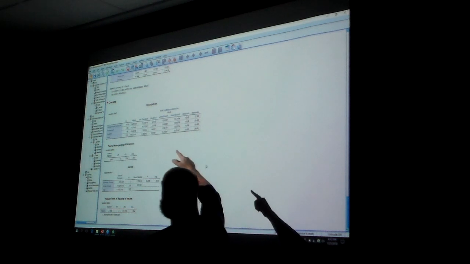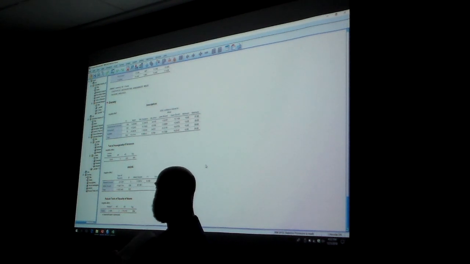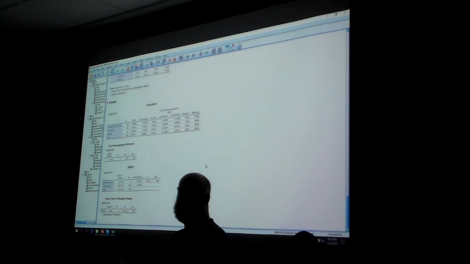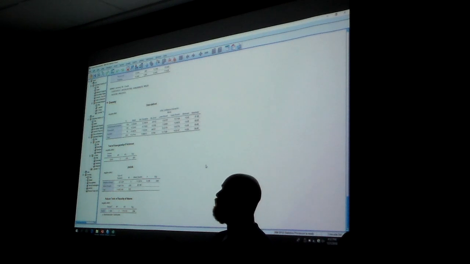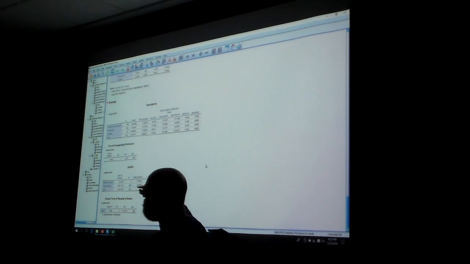So if we look up here, this should look familiar. We've got means, cell sizes, standard deviations, just looking at differences across your conditions. And we do see that we've got a violation of homogeneity of variance here, right? The variability of negative affect across these different classes. I mean, we've got a big sample size, right?